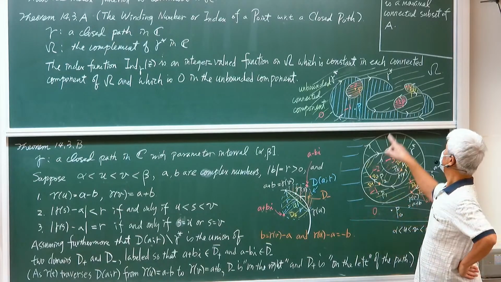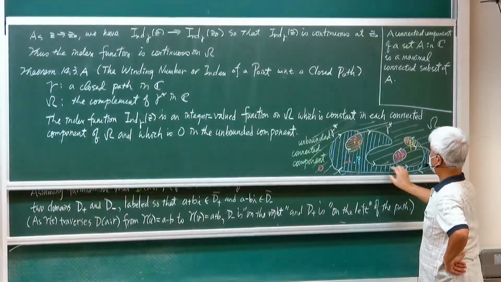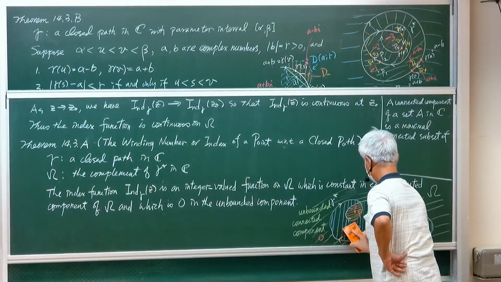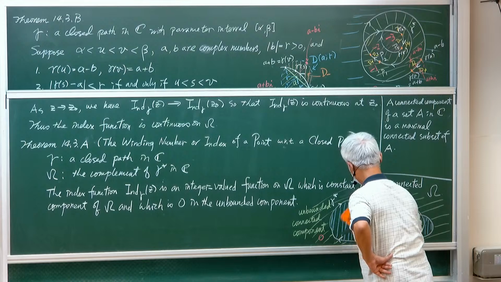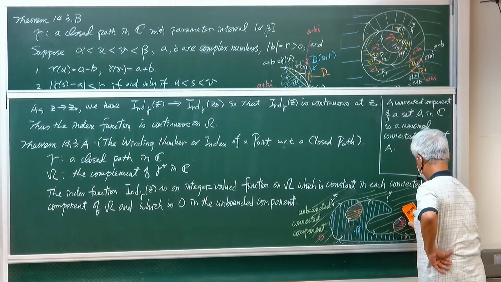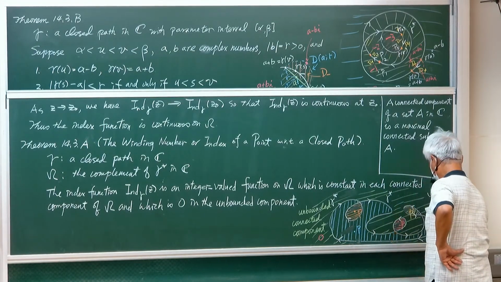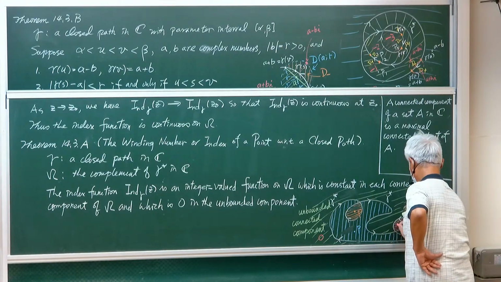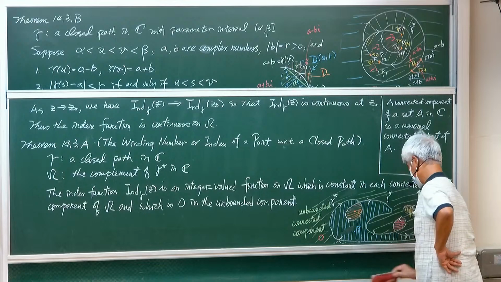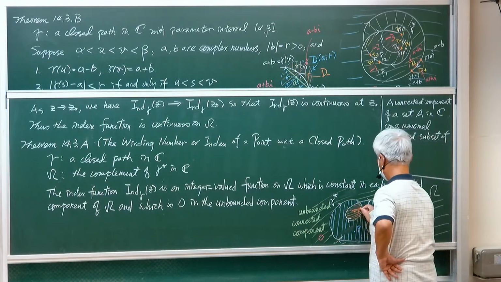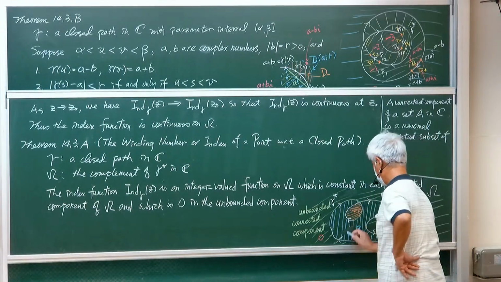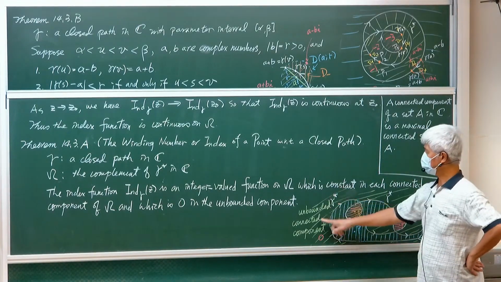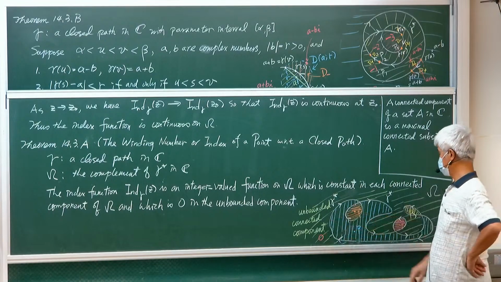Okay. How about this one? We go back here. Now the unbounded connected component has index 0.